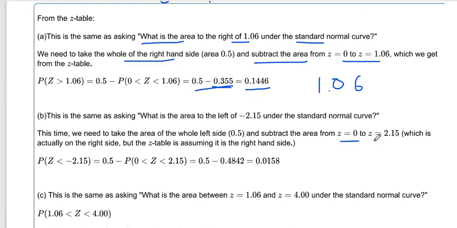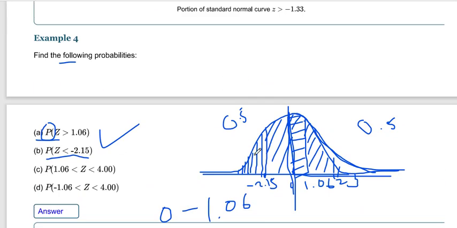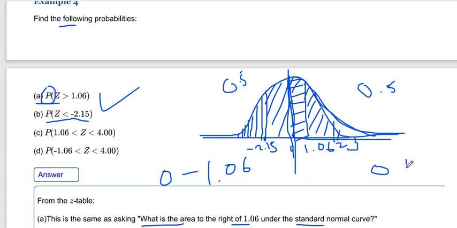We all know that in the z table we do not have any negative value. So it is the same as 0 to 2.15. Why? Because both sides are a mirror, and the area on both sides is the same. If you calculate 0 to minus 2.15 or 0 to 2.15, both are the same. So we can calculate from the z table 0 to 2.15.